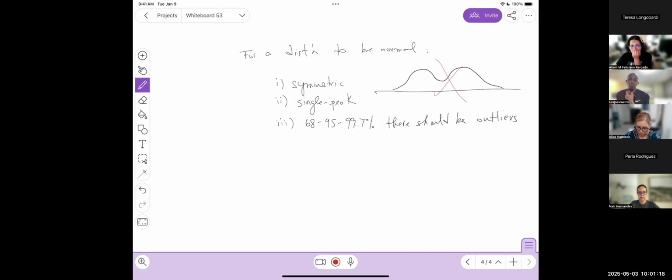So let's say you have 10,000 observations. How many outliers should there be? 300. Good. So it's 0.3% outliers. What you do with the numbers is turn it into a decimal and you multiply.